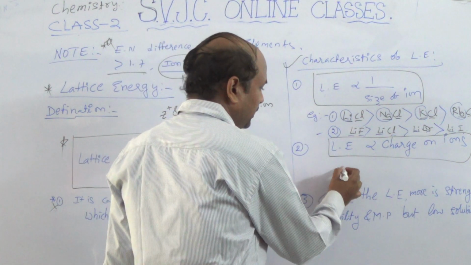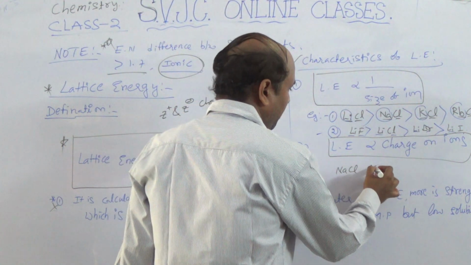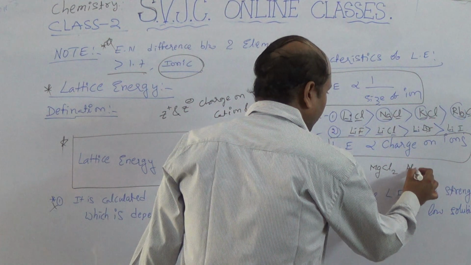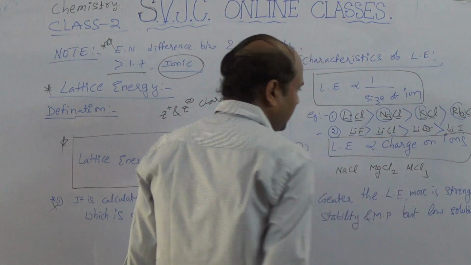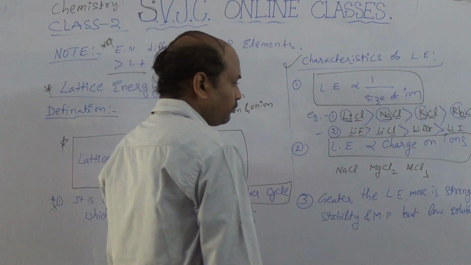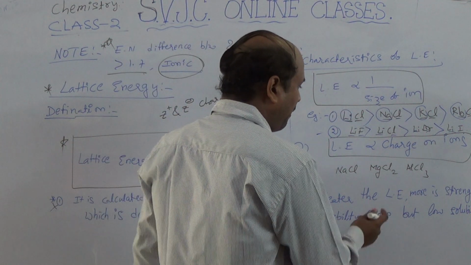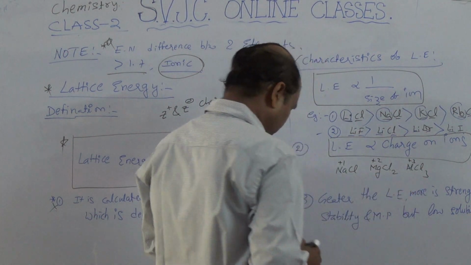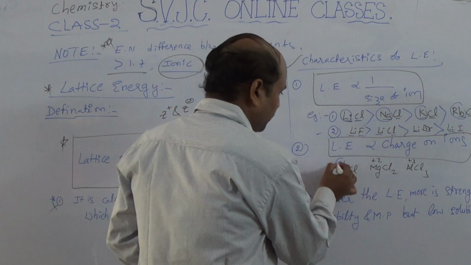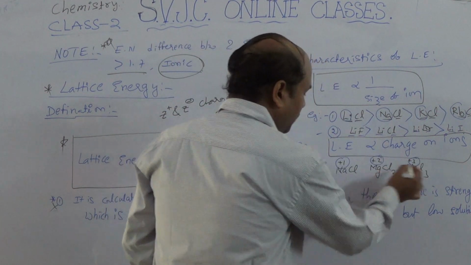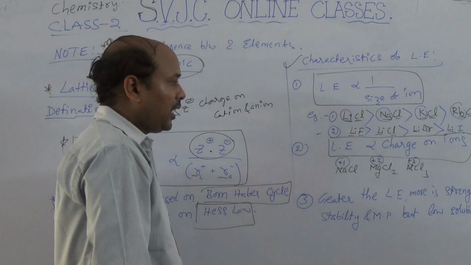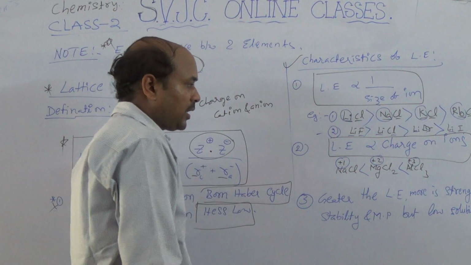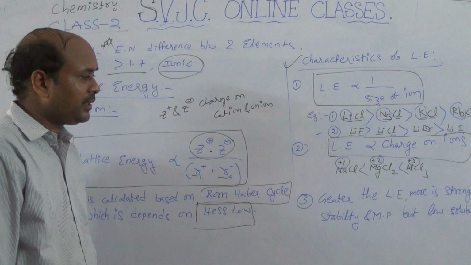Suppose I take one example: NaCl, MgCl2 and AlCl3. Observe the +1, +2, +3 charges. Which compound has the highest charge? Here AlCl3 has more charge, so that compound has more lattice energy.